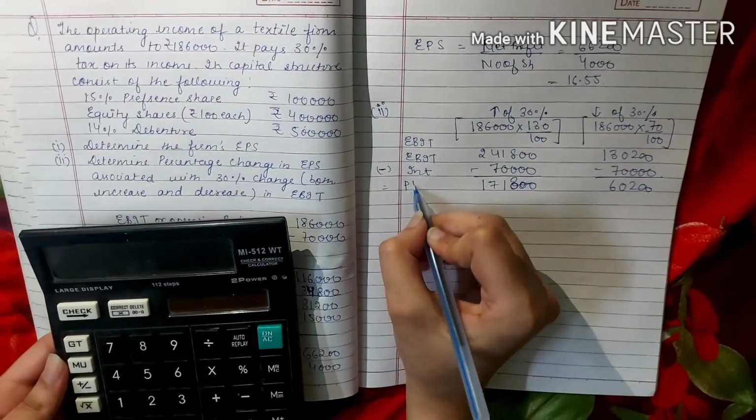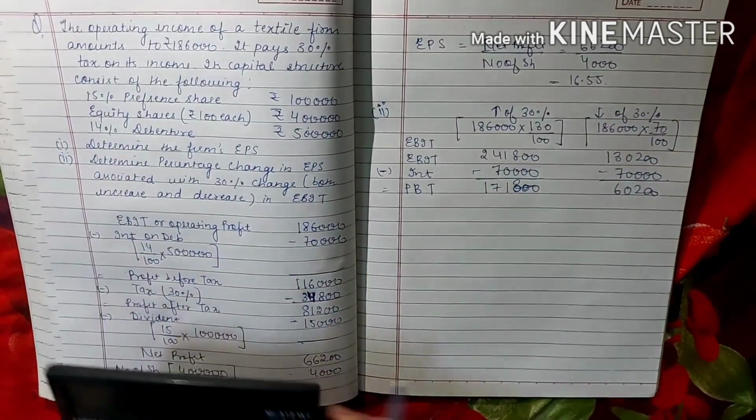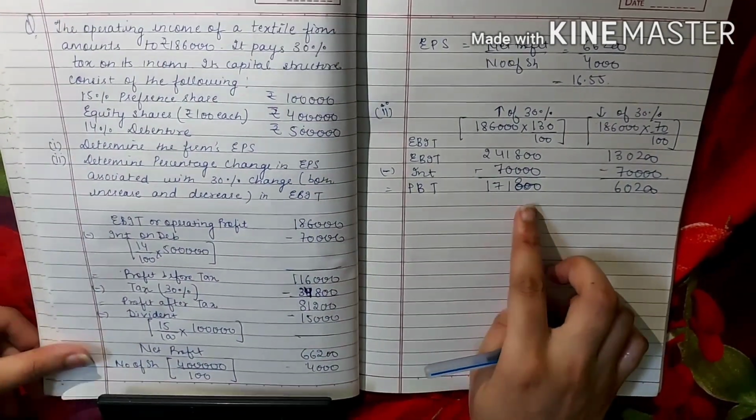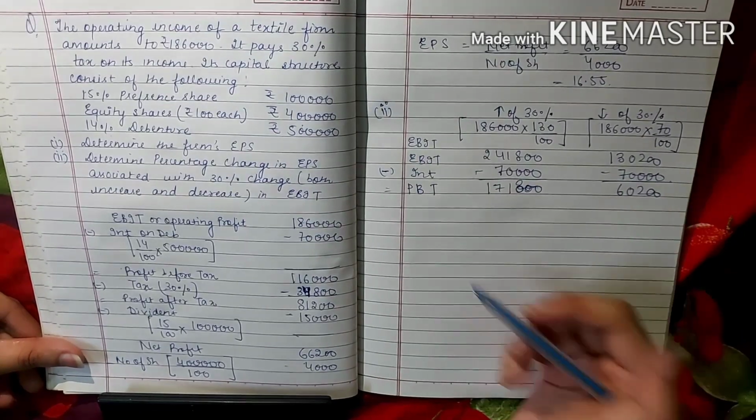So your profit before tax in the first case is 171,800 and in the second is 60,200.